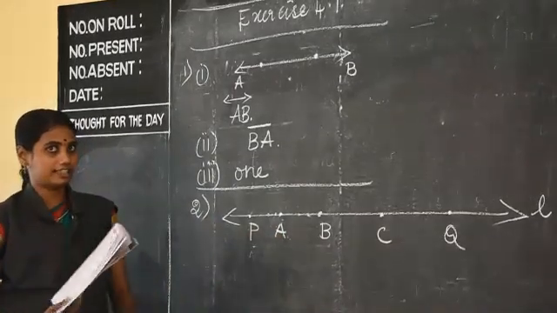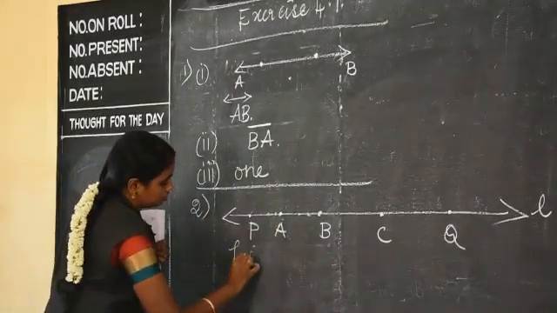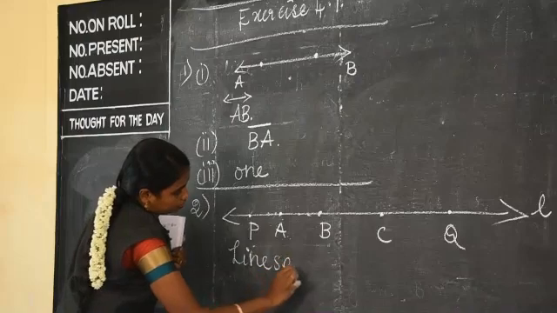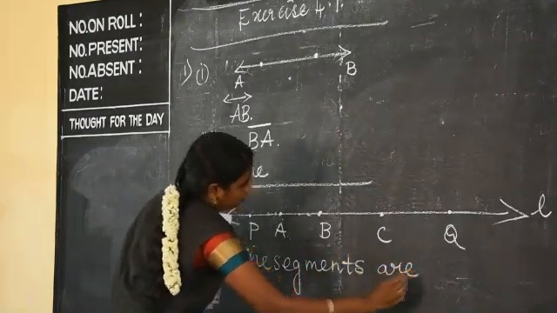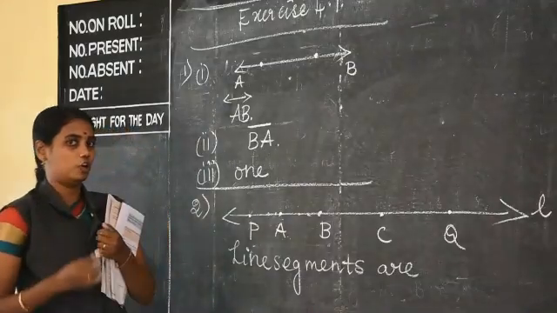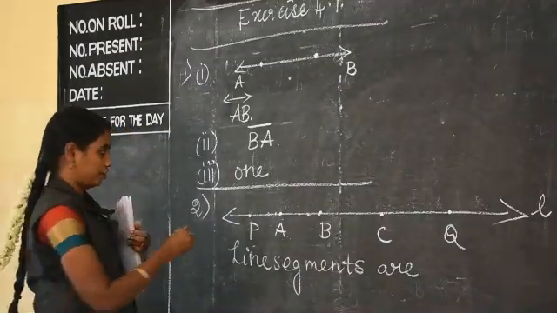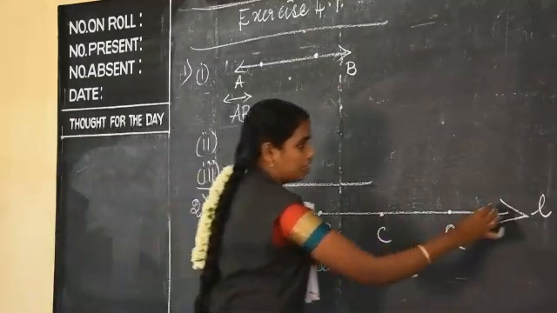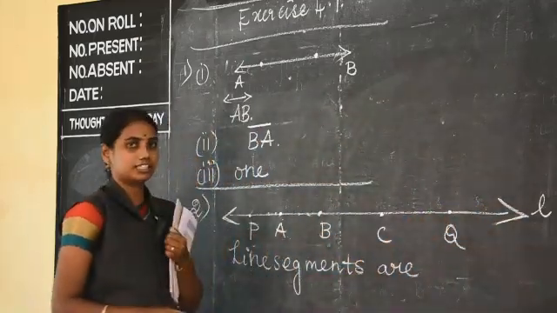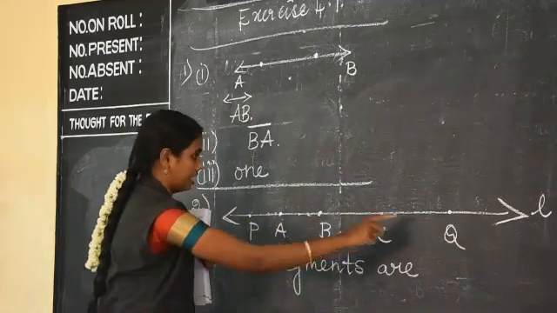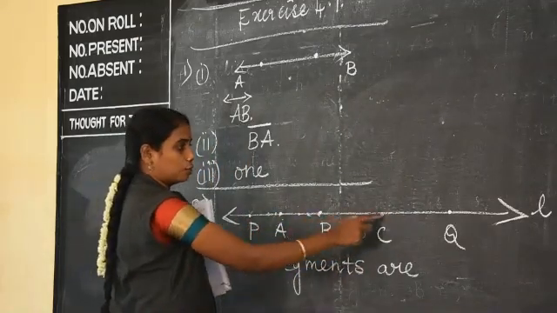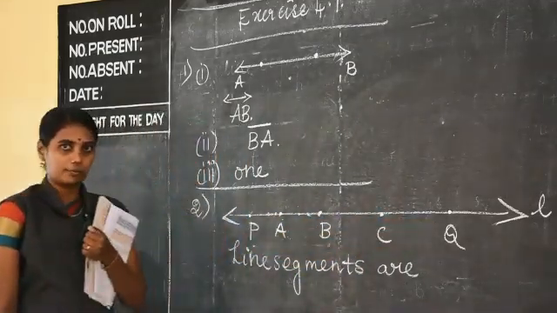We are going to write the line segments. How many line segments are there? We are going to find out. We have arrow marks. When do we have arrow marks? That is a line, line L. Inside the line you can find more points.